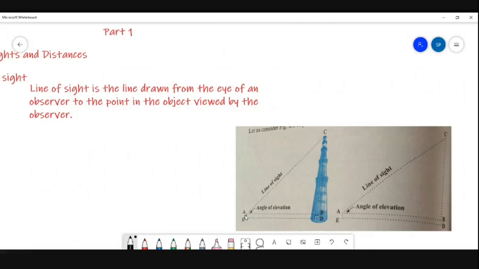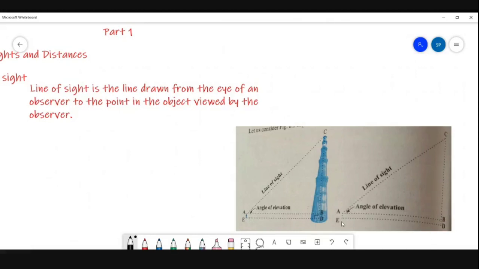And here we can say AC is the line of sight and AB is called a horizontal line. Here we can see there is some width between the horizontal and the line of sight. That is called the angle of elevation. So in this figure, you can see this is the horizontal, this is the line of sight AC, and consider the tower as BC or CD.